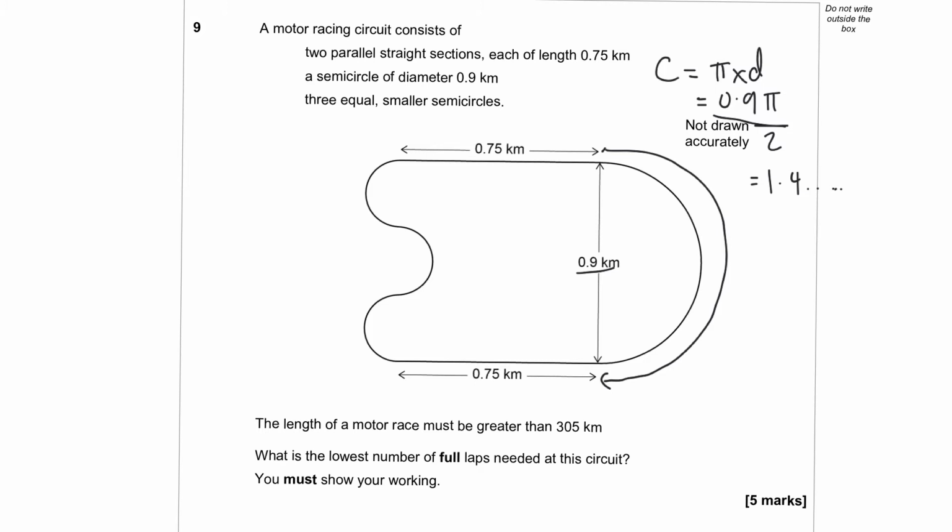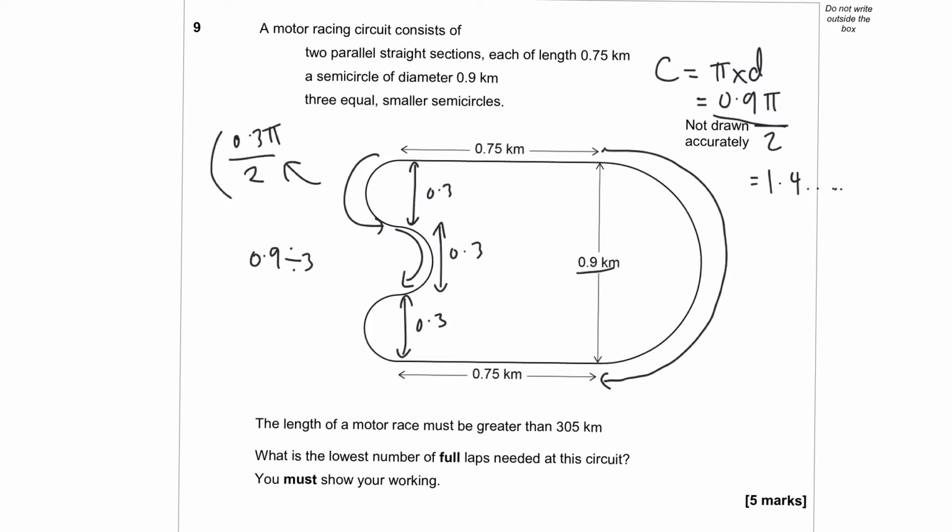Now, to work out these other lengths, remember that these are 3 equal semicircles. So we do 0.9 divided by 3, and each of those will be 0.3. The circumference of one of the mini semicircles is 0.3 pi divided by 2, and then times by 3.